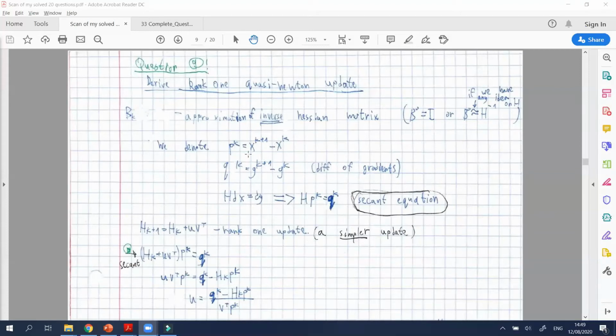So we denote this as P and Q, and by definition, we saw in past exercises, just a few questions ago, that H times the change in the point is equal to the change of the gradient. You could derive and understand this logically from the definition of gradient and from the Taylor approximation.